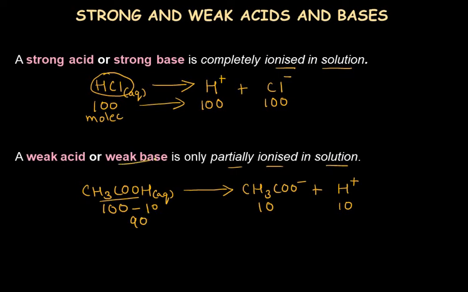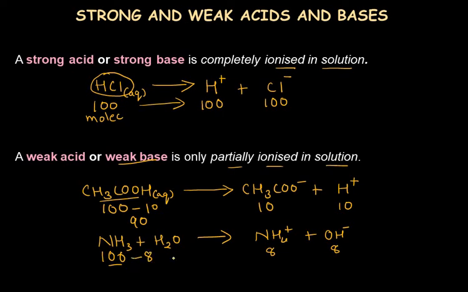The same happens with a weak base also. Suppose ammonia is taken in aqueous form, so that it is added to the water, and then we get ammonium ion and hydroxide ion. Ammonia is a weak base, so the same happens here. Say 100 molecules of ammonia are taken and only a few of the molecules, say 8, change to ions, so 92 molecules of ammonia remain in molecular form itself.